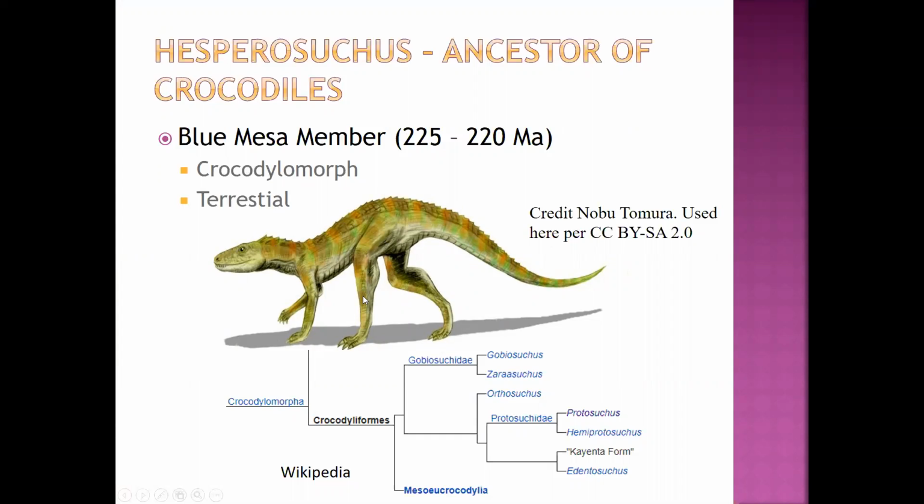So at first, scientists did not think this was related to crocodiles. But now they know that it is, because they've looked at the bone structure and they can see that it is actually an ancestor of crocodiles. So now we are here on this cladogram, and then next we're going to go to the crocodiliforms.